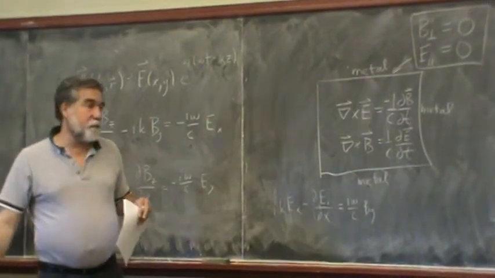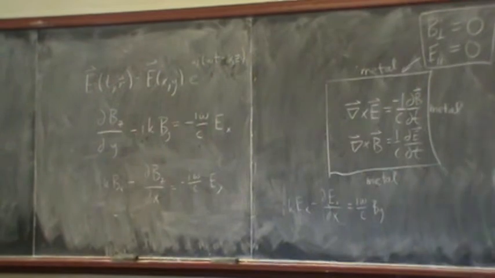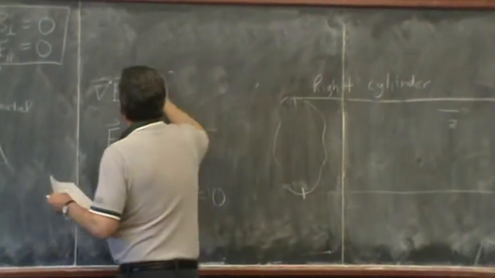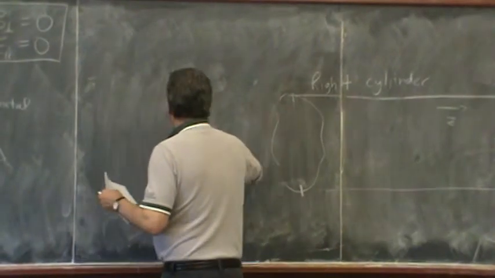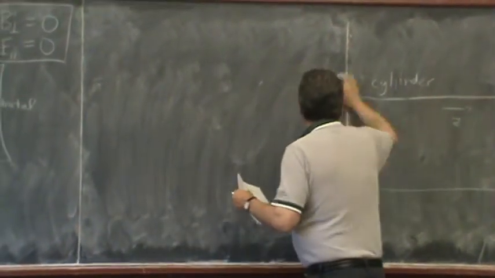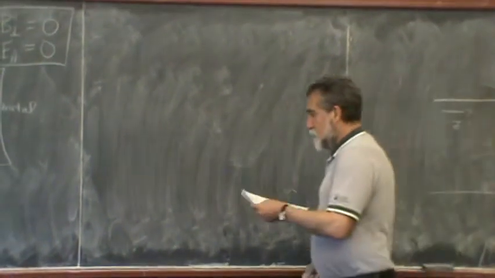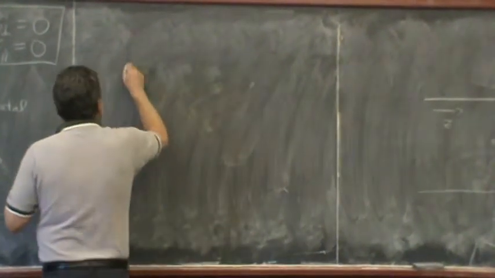They're allowed to be. Okay, so I can solve for the other components of the field in terms of EZ and BZ, and then figure out what conditions apply here.